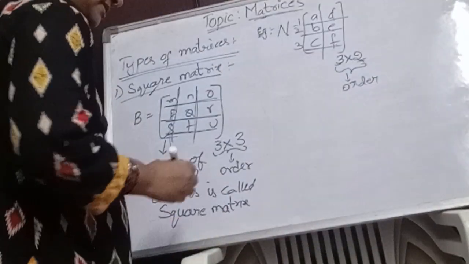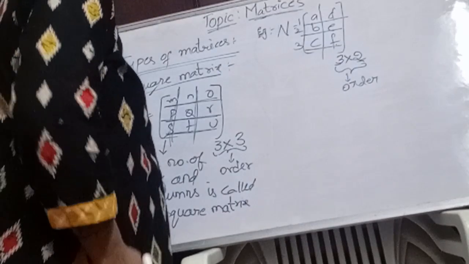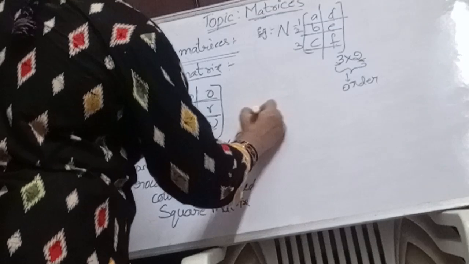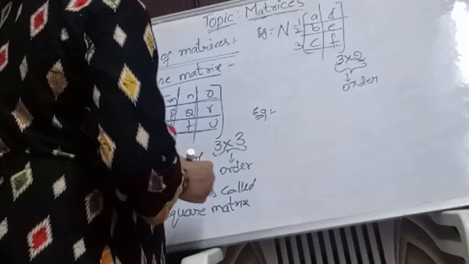Next, take one more example. Other points in the square matrix. Let us take one more example: -1 0 0 0 -1 1 0 0 1.